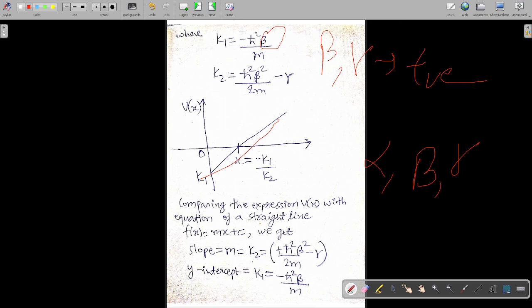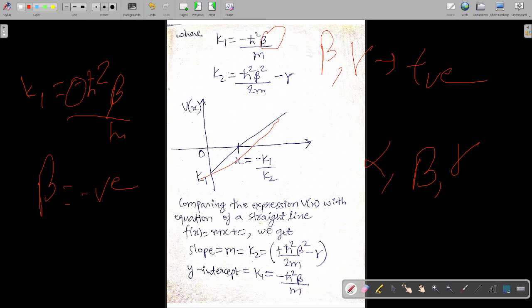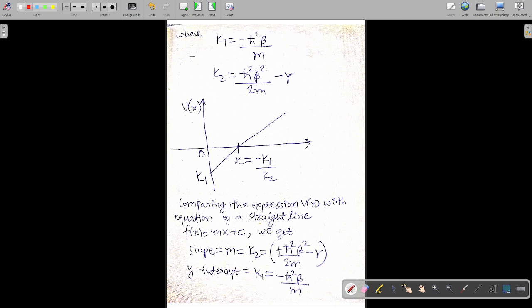They say that k1 equal to y-intercept, which is equal to minus h cut beta over m. They ask what if beta is negative, then this negative and this negative will become positive, and mass is positive, so the graph will come like this. Yes, you are saying the truth, no doubt in it, but I am taking a generalized case.